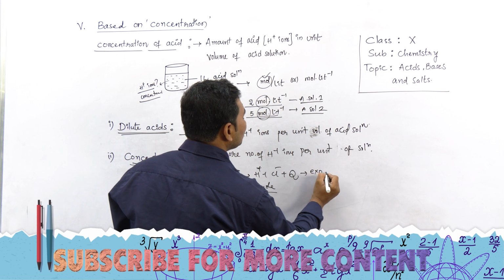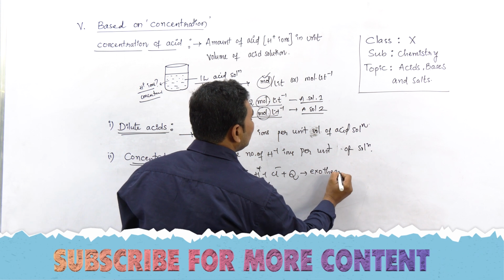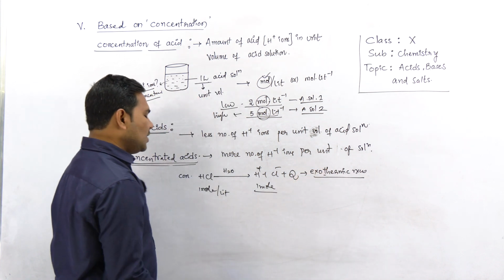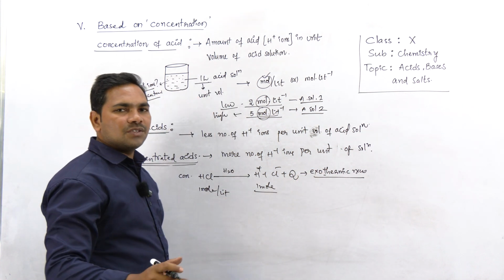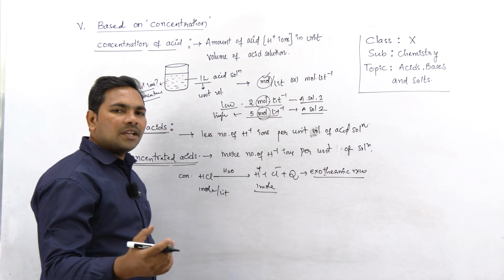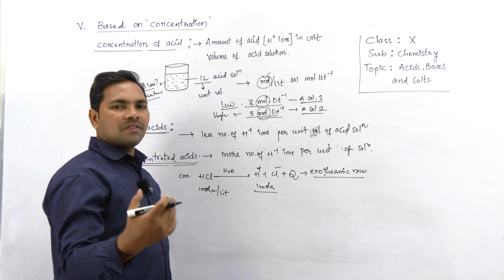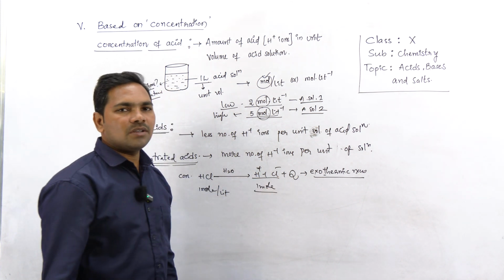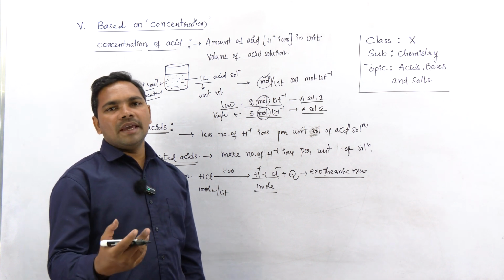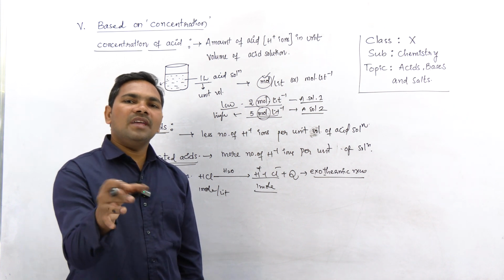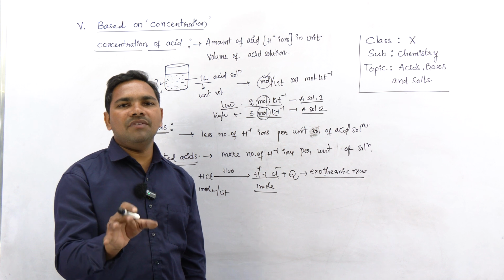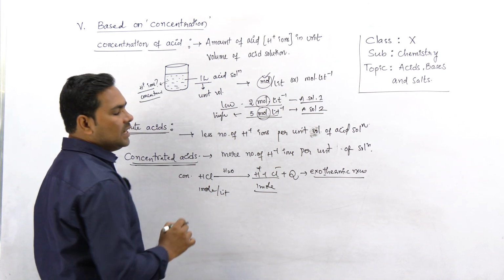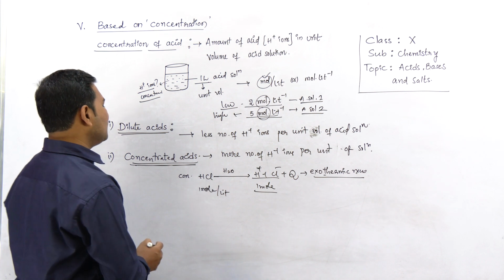So dissociation of acids is called an exothermic reaction, which produces heat energy. If the acid is very concentrated, containing more HCl molecules, it produces a high concentration of H plus ions and also excess heat energy. Because of that heat energy, it causes severe burn injuries. That is why dealing with concentrated acid is very dangerous.